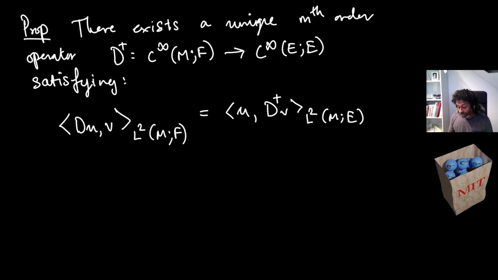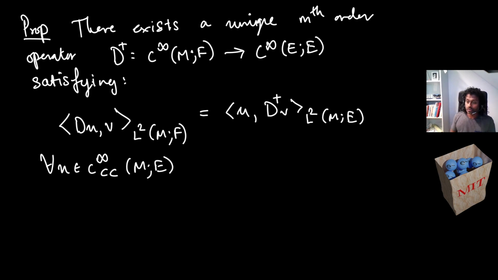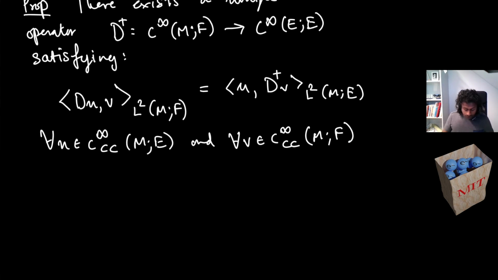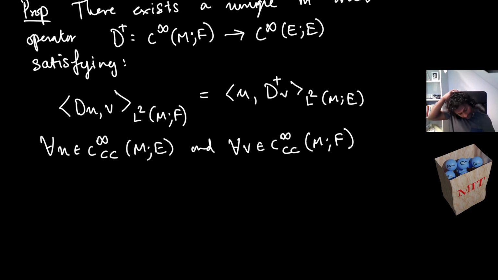And here D dagger maps to E, so we take the inner product in E. And this is for all u in C infinity compactly supported on E, so these are, remember, sections that do not touch the boundary, and for all v in C infinity compactly supported on F that don't touch the boundary.